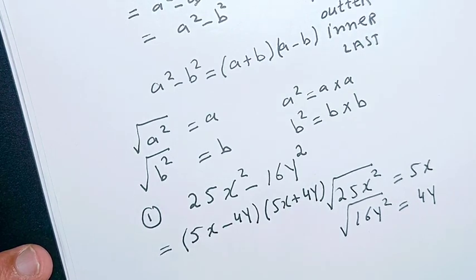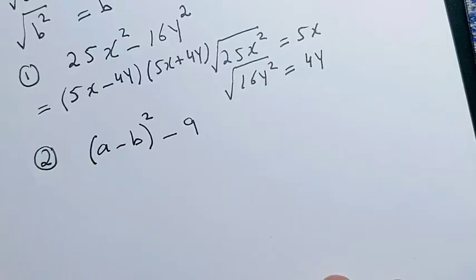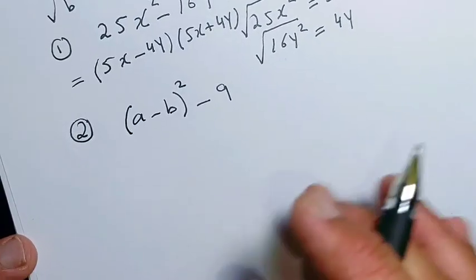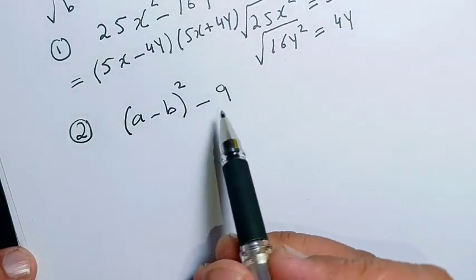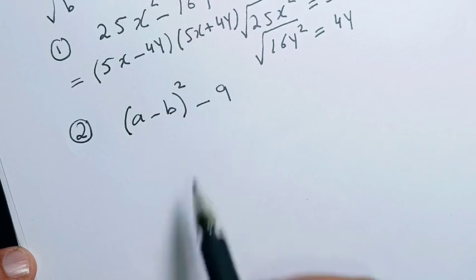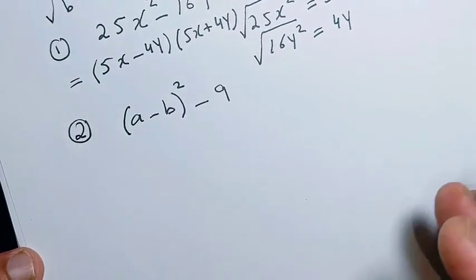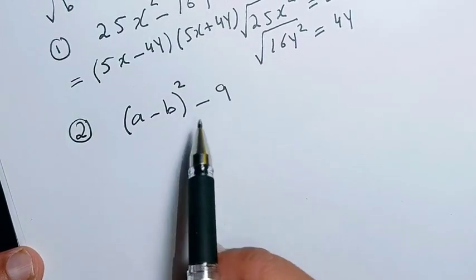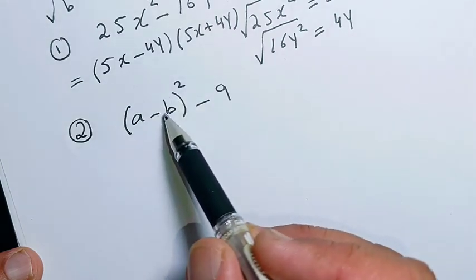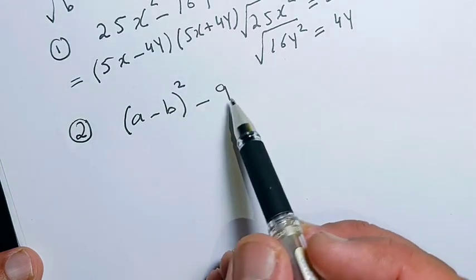Have a look at the second question: a negative b squared minus 9. As you can see, the first term is a perfect square and the second term is a perfect square as well.